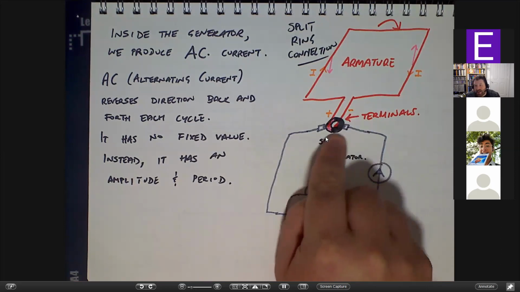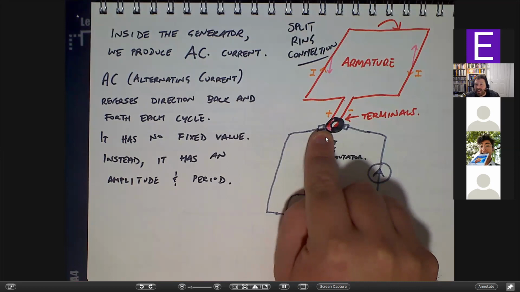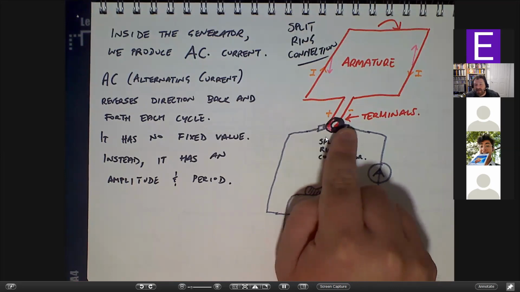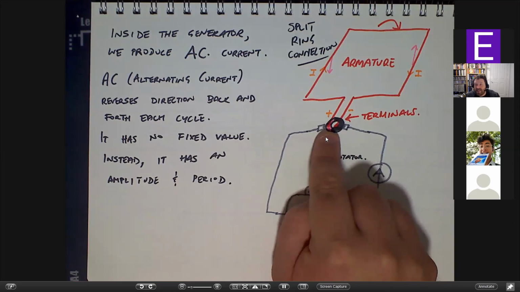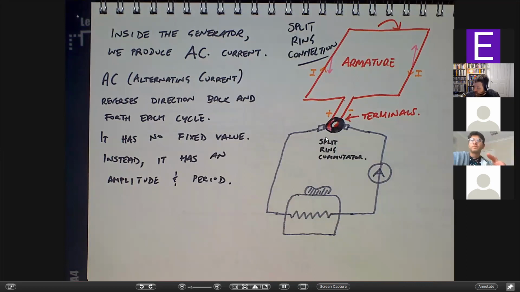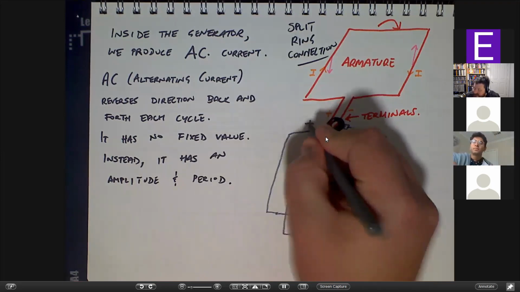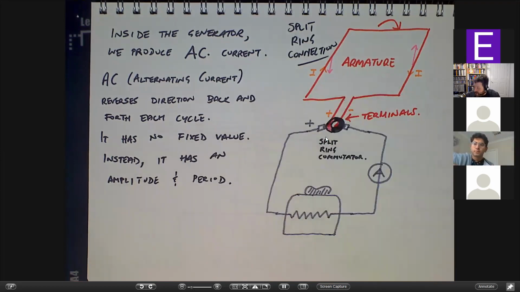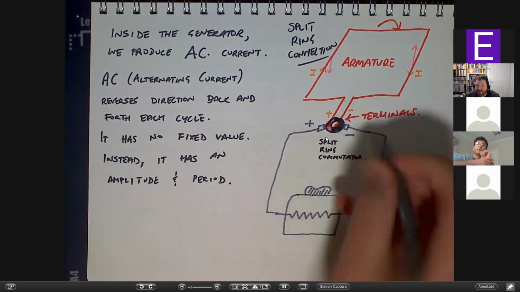But when it spins around and finds itself on the other side, at that point, it's going to be the positive side. When it spins around further, it's going to go back to being negative, then it's going to go back to being positive. So that means this carbon brush here is always going to be in contact with the positive side. And this carbon brush here is always going to be in contact with the negative side.